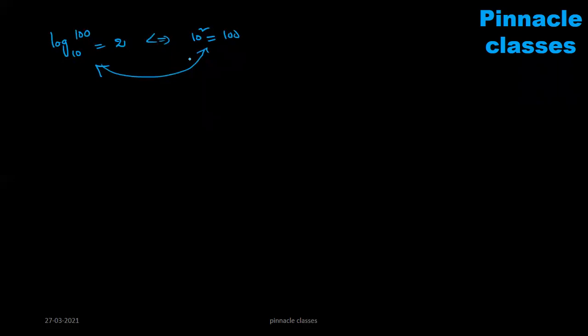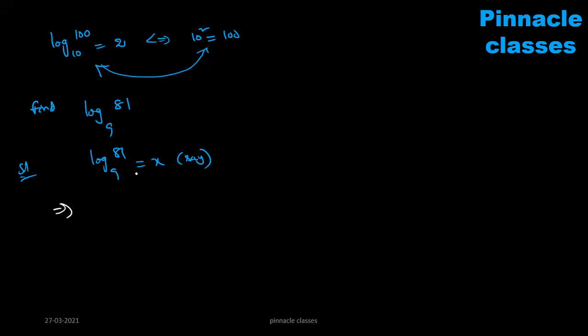Now, one more example. See, suppose find this value. I'm giving once again. Log 81 to the base 9. Find this value means how to find. Suppose how to simplify these. Take logarithm of 81 to the base 9 is equal to x.